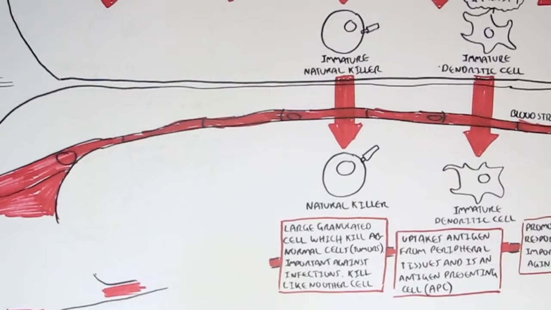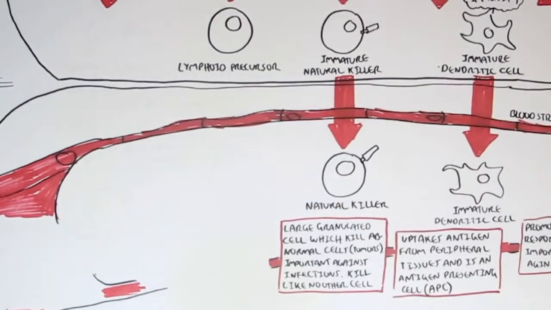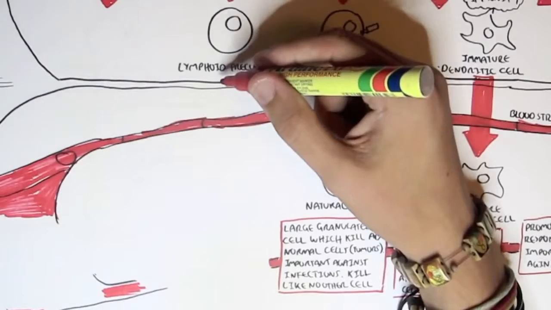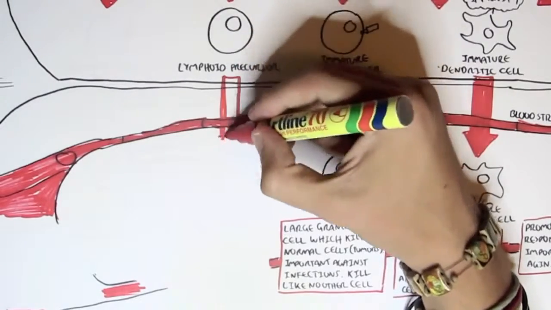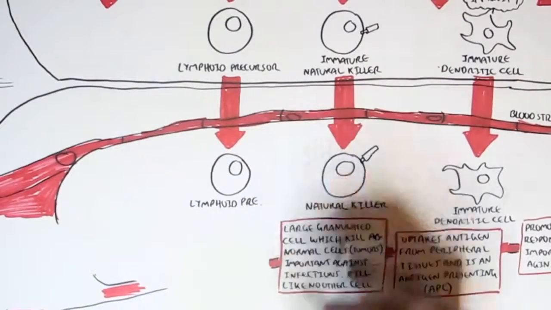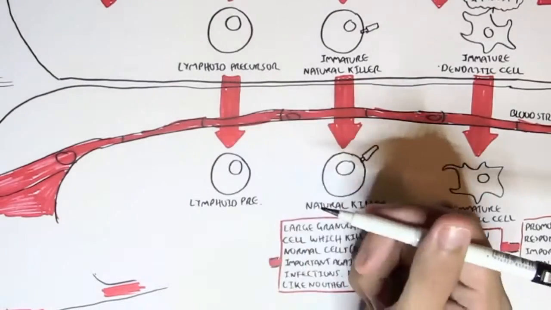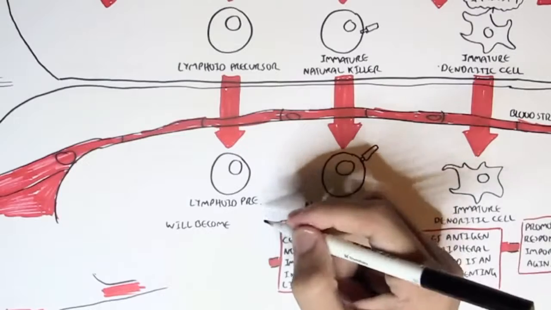Now let's talk about the main adaptive immune cells. So the lymphoid progenitor cell will give rise to a lymphoid precursor. Now this lymphoid precursor will then leave the bone marrow and will still be a lymphoid precursor, but it will travel to the thymus and will mainly become a T cell. So it becomes a T cell in the thymus.